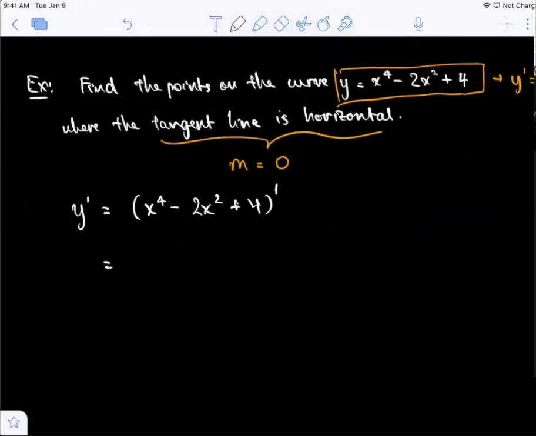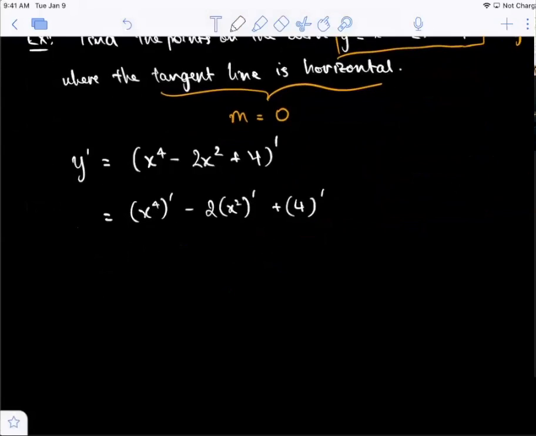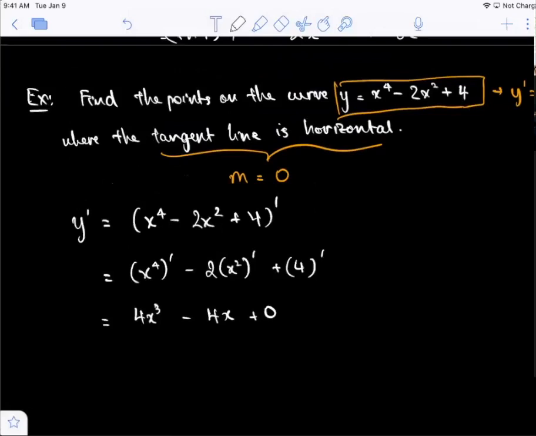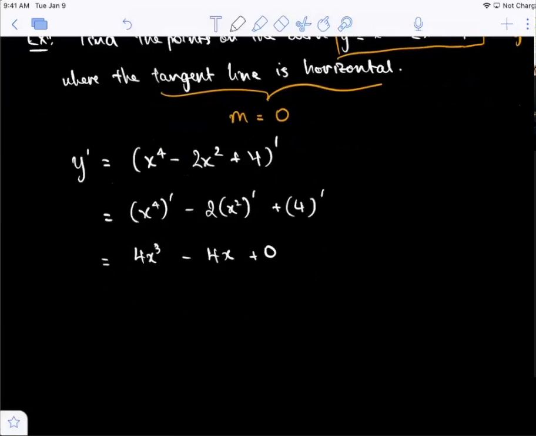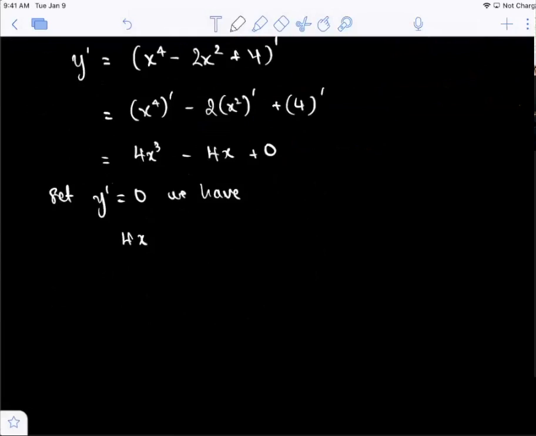This gives me x to the fourth prime minus 2 times x squared prime plus 4 prime. x to the fourth prime is 4 times x cubed. x squared prime is 2x, so 2 times 2x is 4x, then plus 0. So you set y prime equal to 0. We have 4x cubed minus 4x equal to 0.